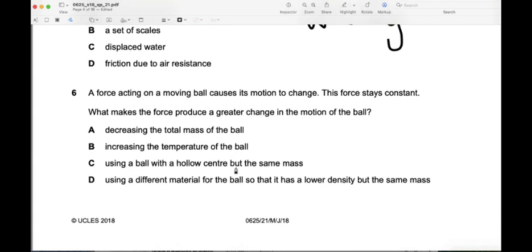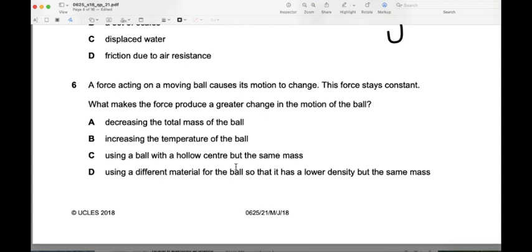We move to the next question. Question number 6. A force acting on a moving ball causes its motion to change. This force stays constant. What makes the force produce a greater change in the motion of the ball?